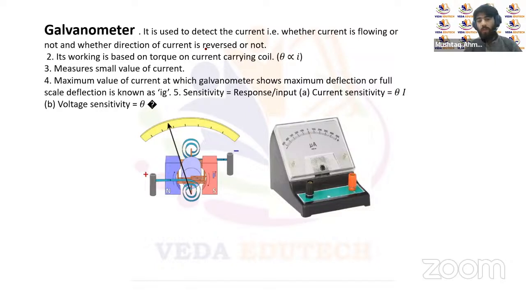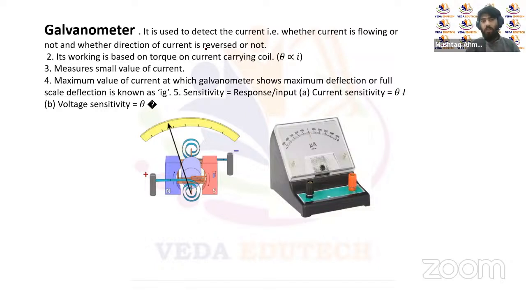The important property of the galvanometer is its sensitivity. It's a very sensitive device with respect to the external current. By sensitive we mean that for a very small amount of current, it shows a huge deflection. Even if the current is in the range of microamperes or milliamperes, like 2 microamperes, 3 microamperes, 5 microamperes, this galvanometer is still going to show some deflection to detect the current.